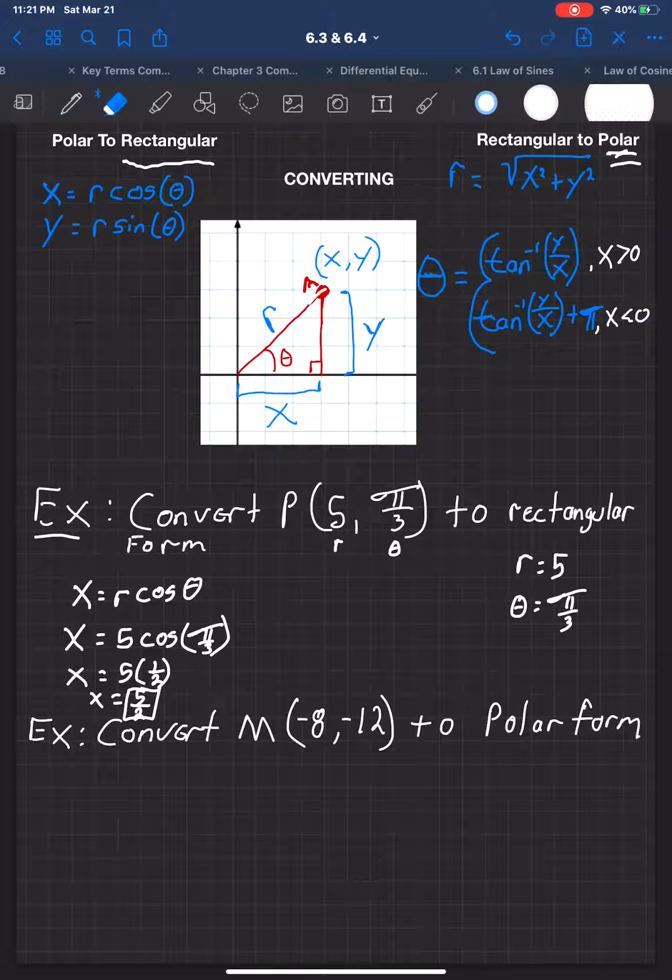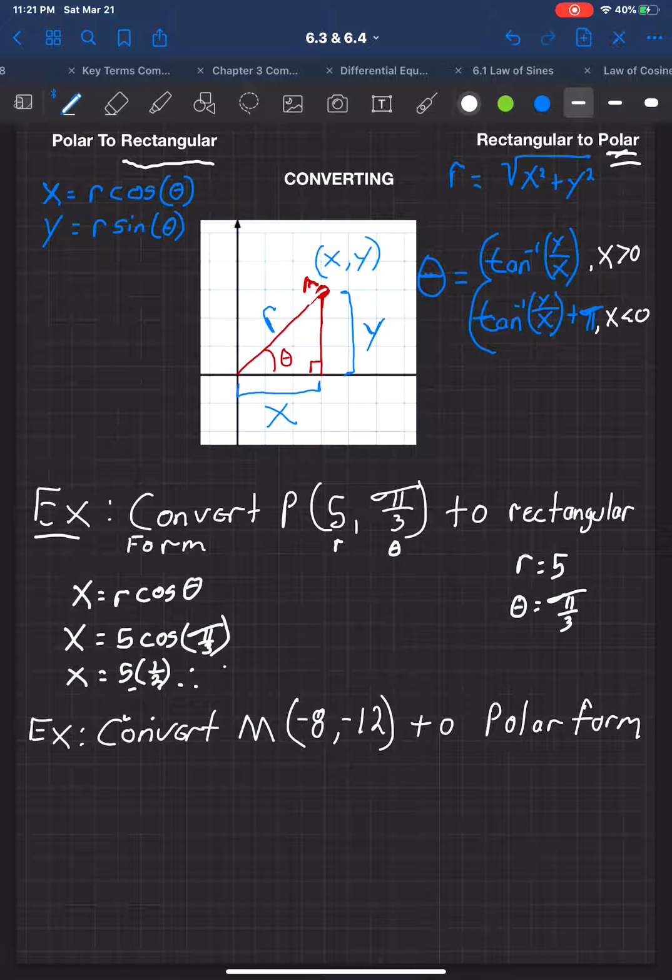I'll write that in a different location so it's not so crammed. Therefore, x is equal to 5/2. All right, let's do the same thing with the y value. So y is equal to r sine of theta.